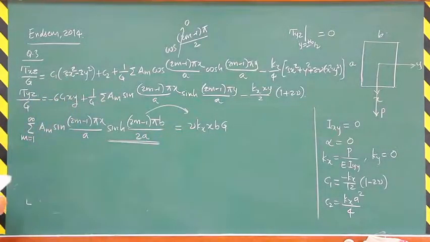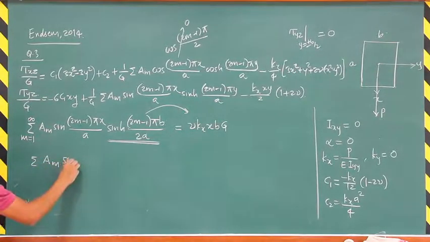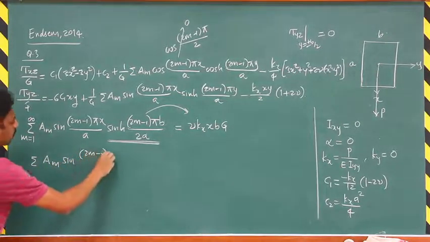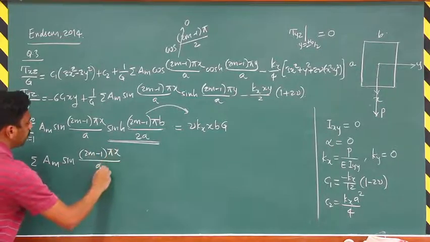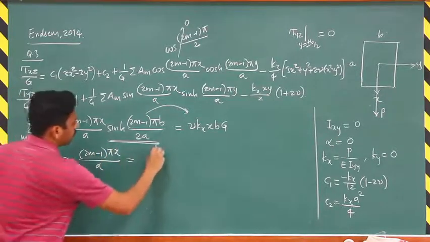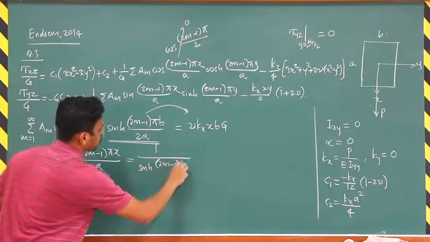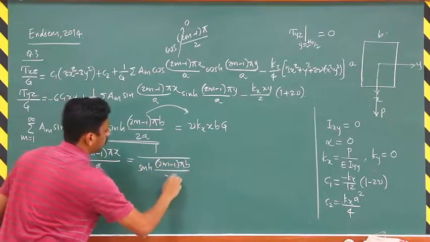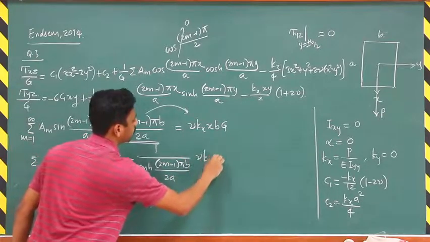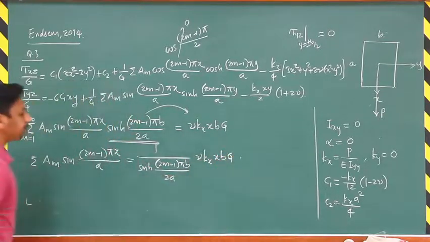So we can write this again as the summation of Am sin of 2m minus 1 pi x upon a equal to 1 upon sinh of 2m minus 1 pi b upon 2a times mu times kx x times b.